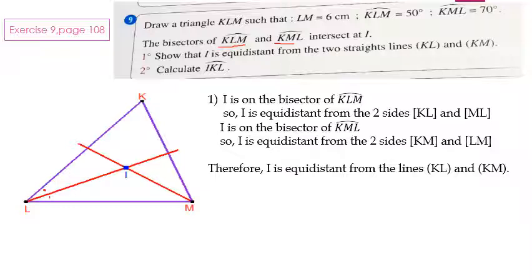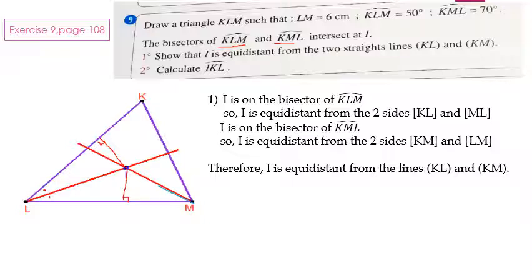This means that the perpendicular distance from I to KL equals the distance from I to LM. Okay, this is the first one. The other one, KML.